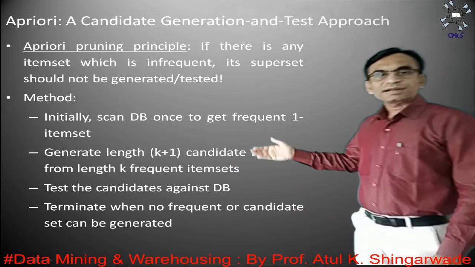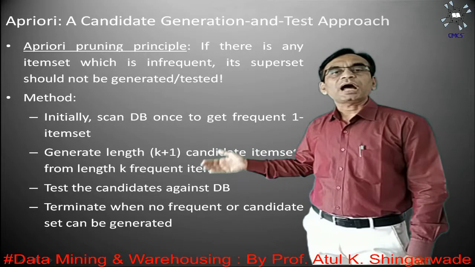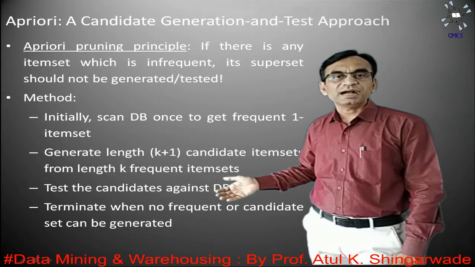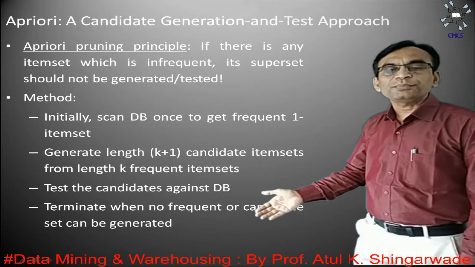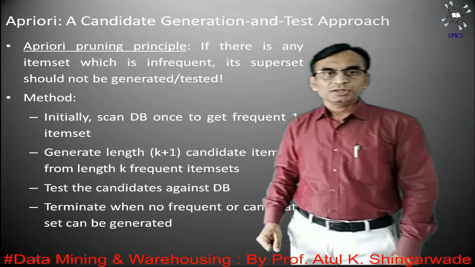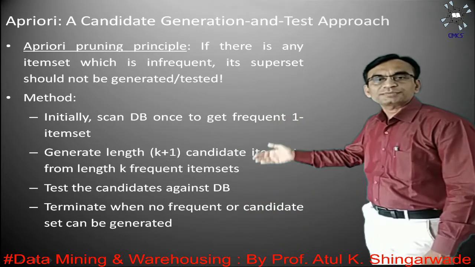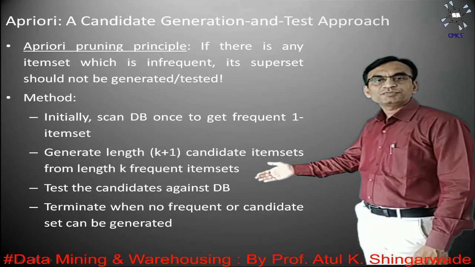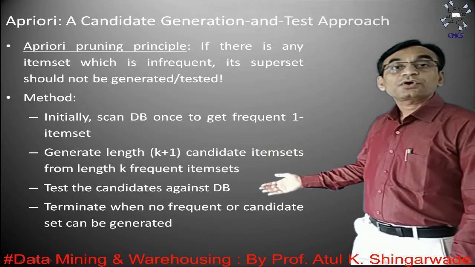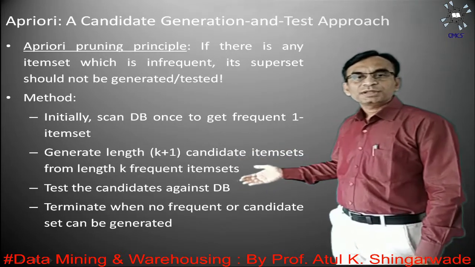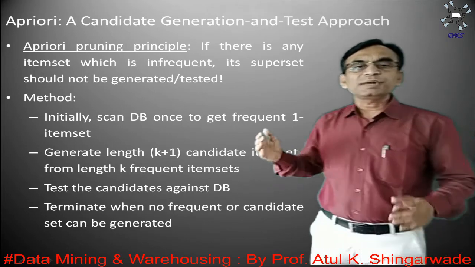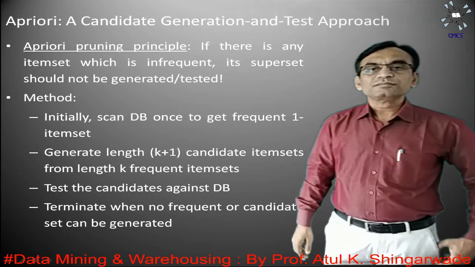Once the candidate generation is done and tested against the database, the next important step is to terminate when no frequent or candidate set can be generated. The two steps, step 2 and step 3, are the generation of length k plus 1 candidate item sets from k frequent item sets, and then testing those candidates against the database.